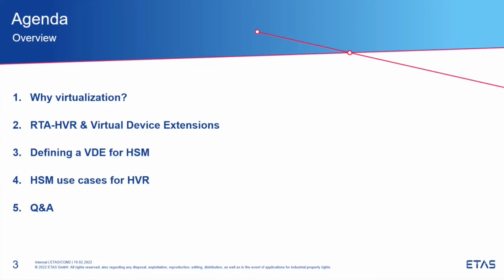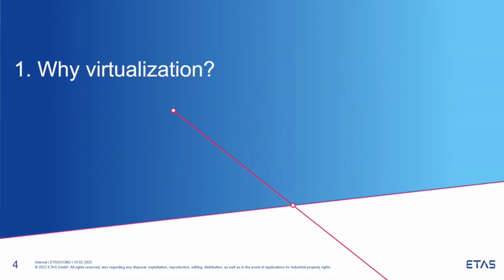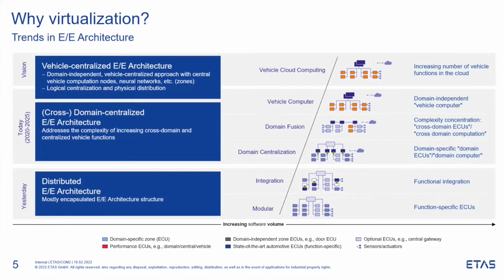Okay, then let's start with the first agenda topic, which is why virtualization. We see that the automotive world has evolved over time in terms of EE architecture. We observe a clear move from function-specific ECUs to a more domain-specific ECU architecture. This is being done mainly to handle the complex vehicle functions.